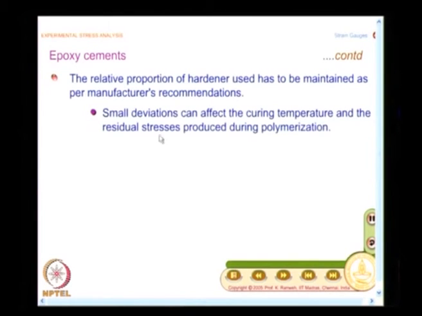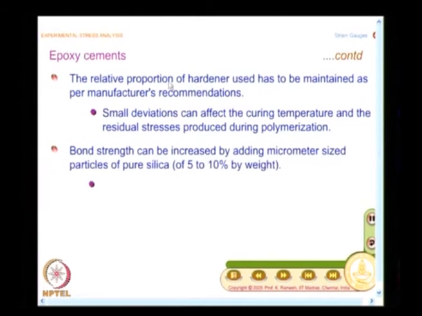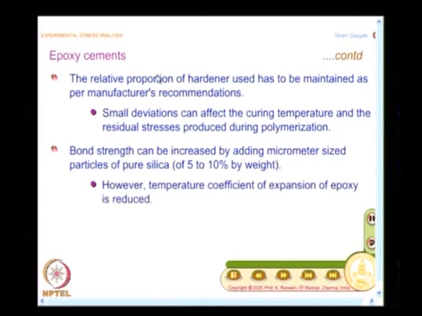And you have to be very careful when you choose the hardener, the proportion needs to be maintained properly. See, in any one of these epoxy resins, you will have resin and hardener in 1:10 ratio. Hardener will be only 1/10 of the resin, and you have to mix this appropriately, and there is also a recommendation. If you change it, even the curing, its final properties, everything will change.